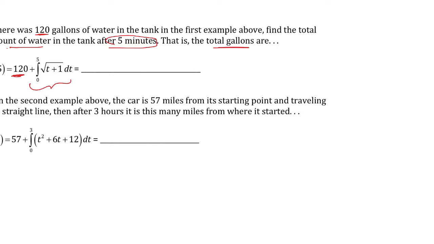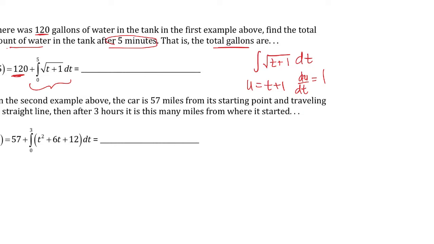So here we would have to integrate, and just a quick review of integrating this. If we're integrating the square root of t plus 1, we would probably do some kind of u sub, and then we would have to find du dt, which is just going to be 1.